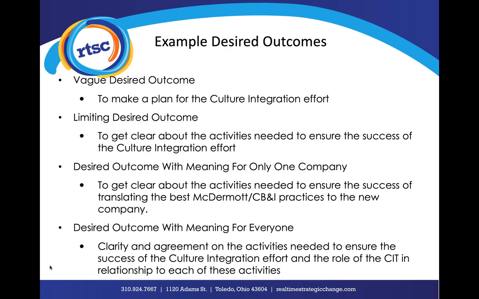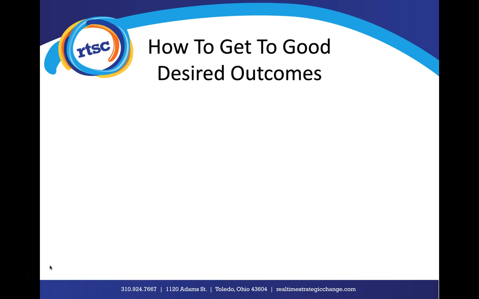So that helps one, but not both. And then what might have meaning for everyone? Clarity and agreement on the activities needed to ensure the success of the culture integration effort and the role of the CIT in relationship to each of these activities. Now we're starting to get to some outcomes that benefit everyone.